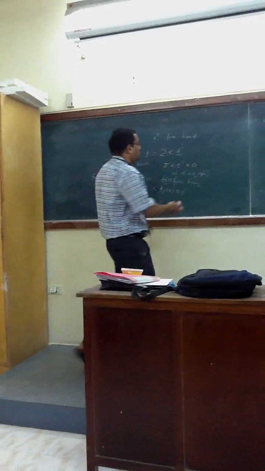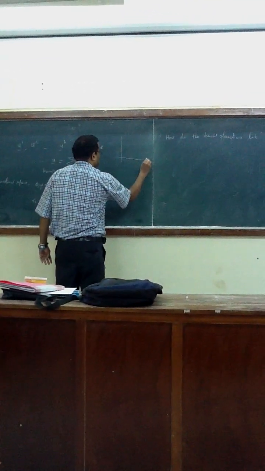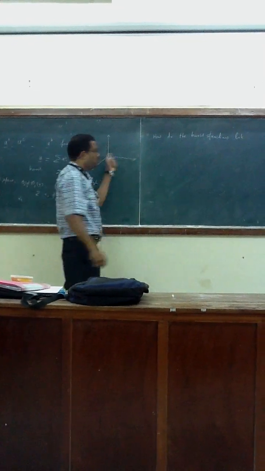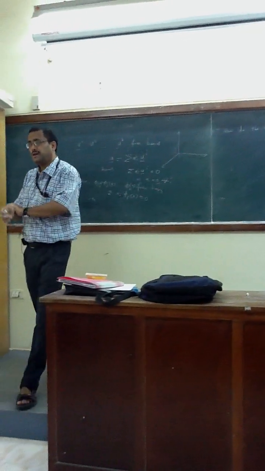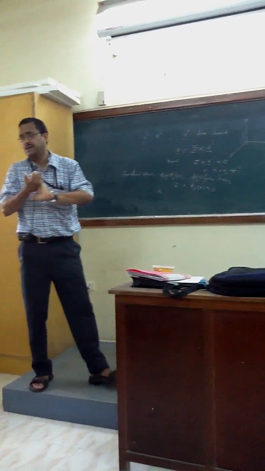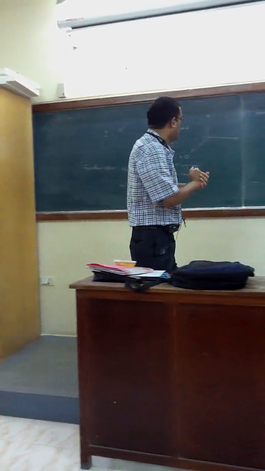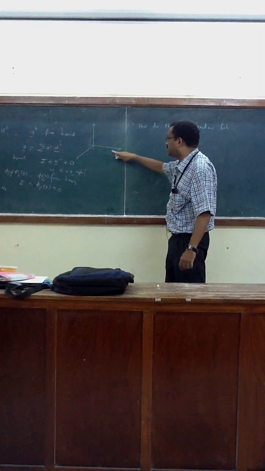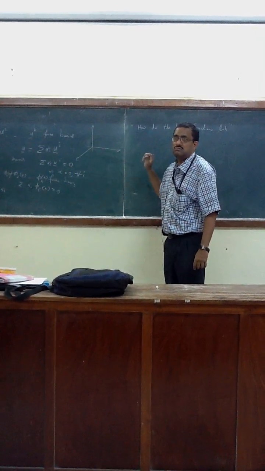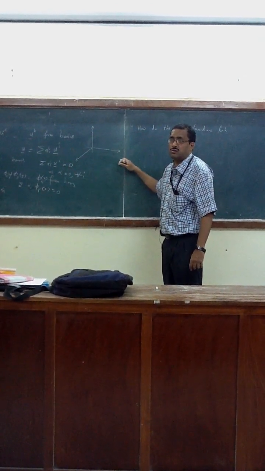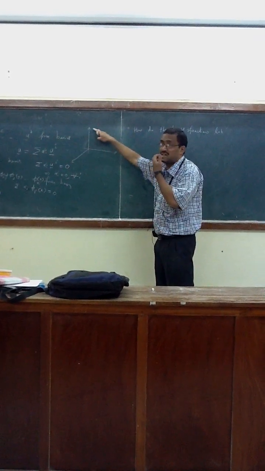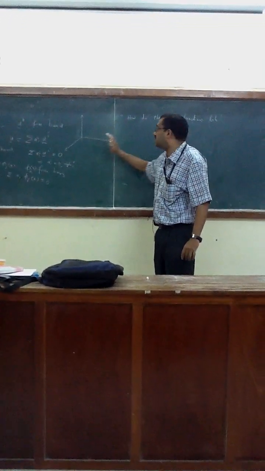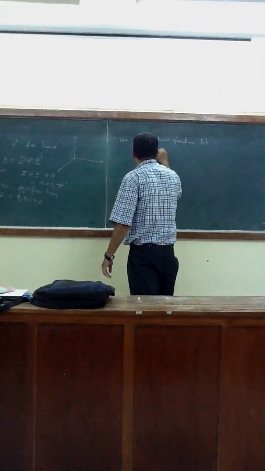Basis vectors, simple basis vectors we have seen. These are the simple basis vectors. What is the equation of this one? Function of yz equal to 0. Function of xz equal to 0. And function of xy equals to 0. Very complicated because I am working only in one dimension.